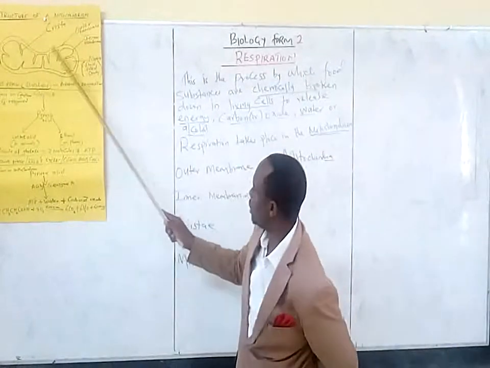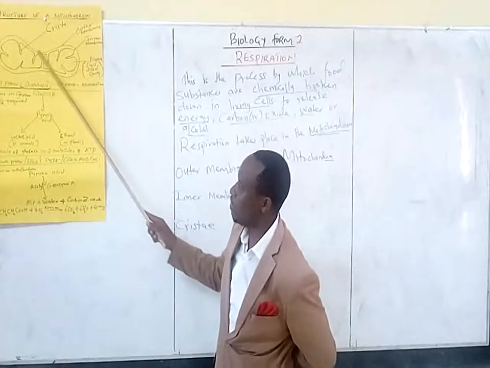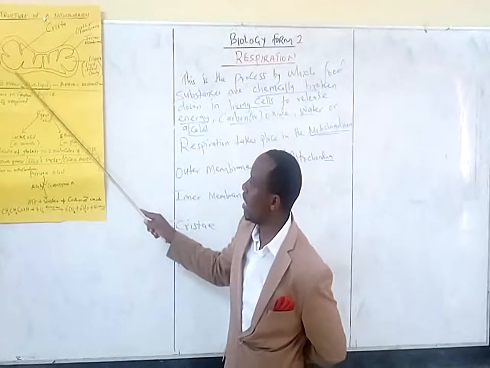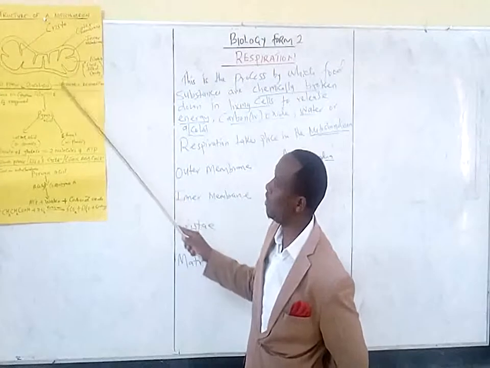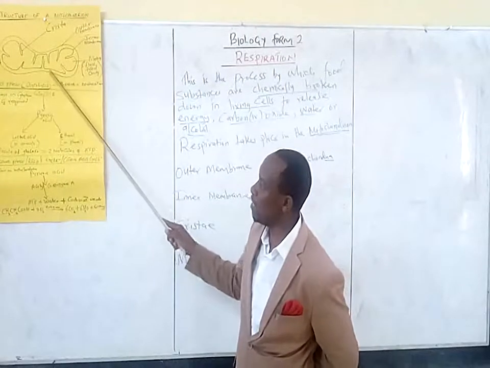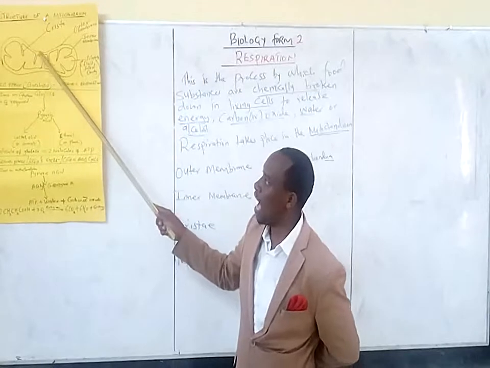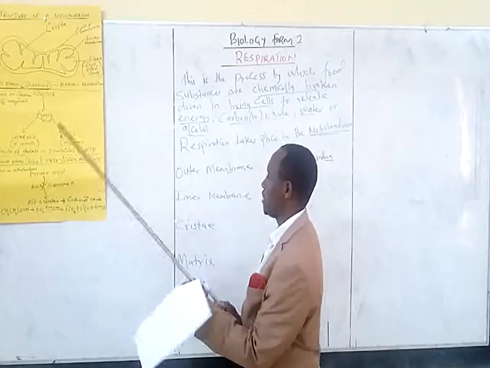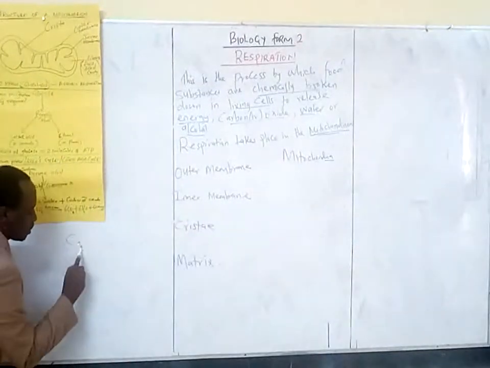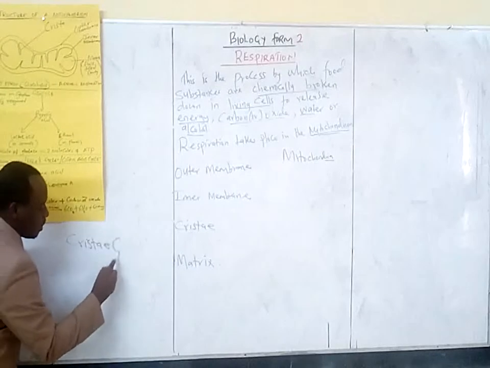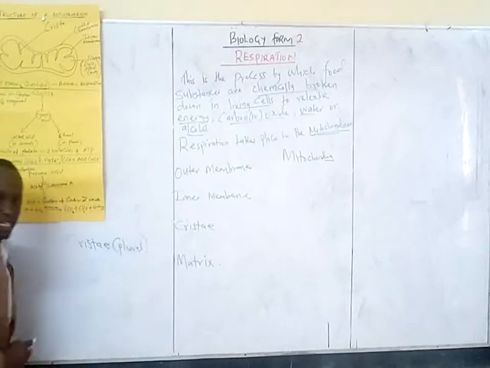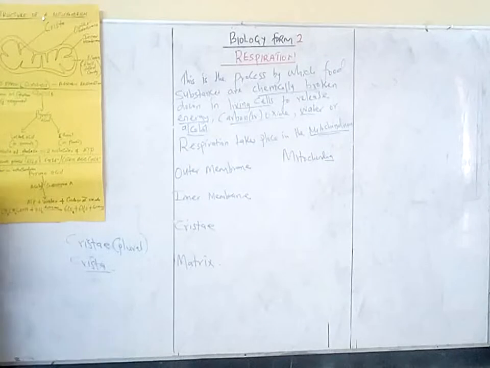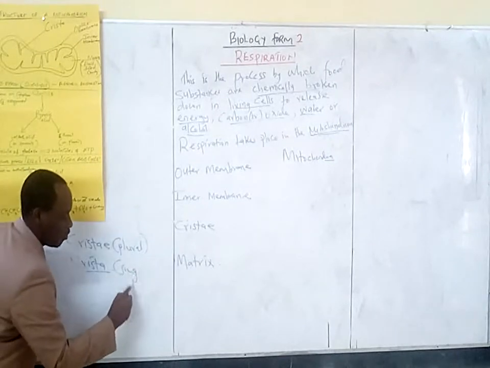As you can see, it is made up of the following layers. The first one is the outer layer. We have the inner layer, which is called the inner membrane. The inner membrane is also folded, as you can see, and these foldings are called cristae. Cristae are many, plural, but one of the foldings is called a crista.